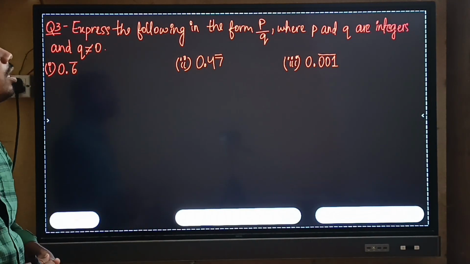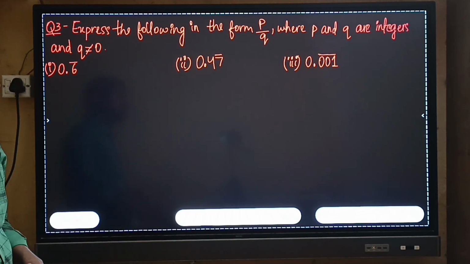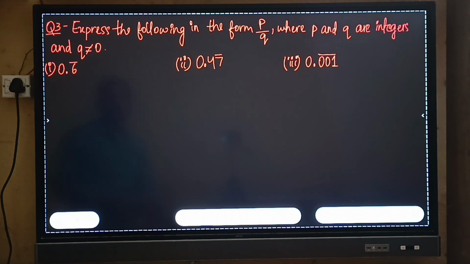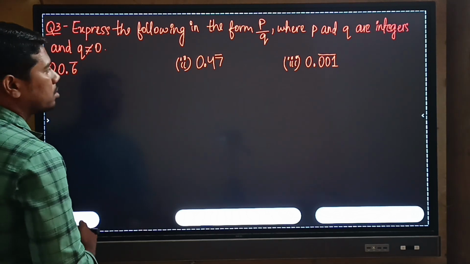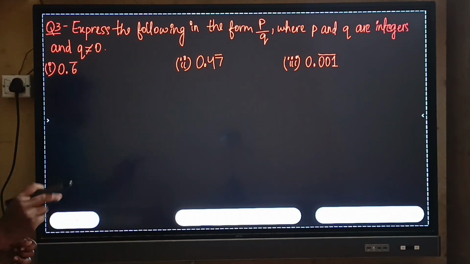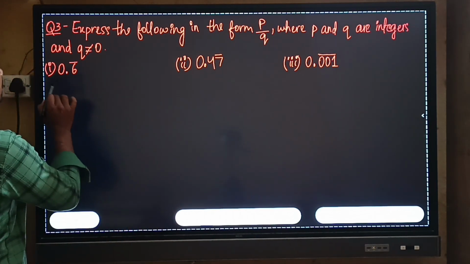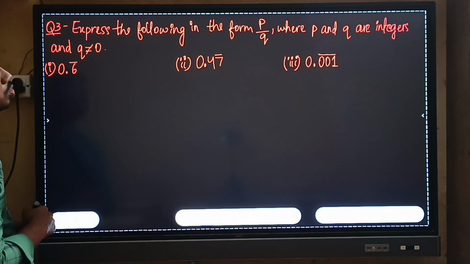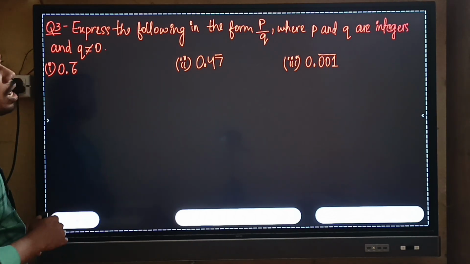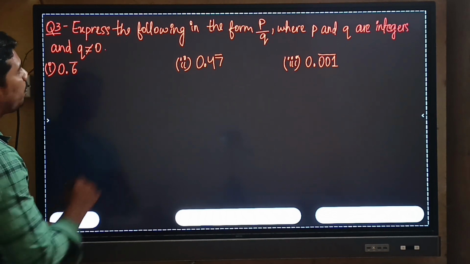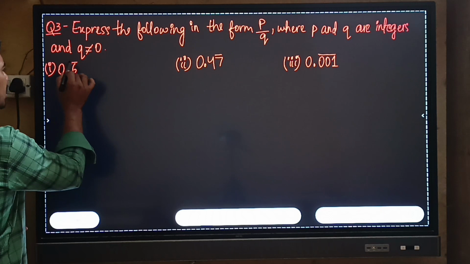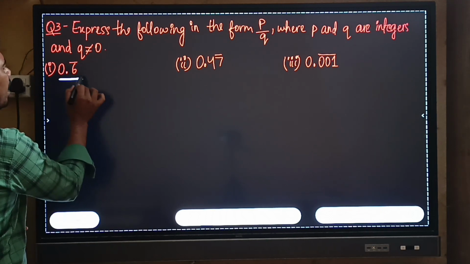Express the following in the form of P by Q, where P and Q are integers and Q is not equal to 0. We already discussed in our previous video, in the example, 0.6 with a bar. This is the first question. So express this one in the form of P by Q. How do we express that? 0.6 with a bar on 6.